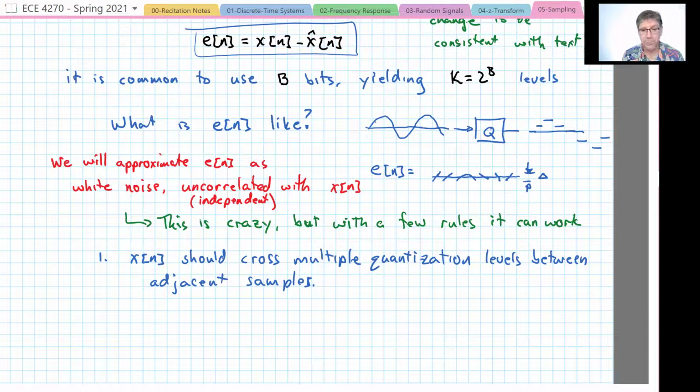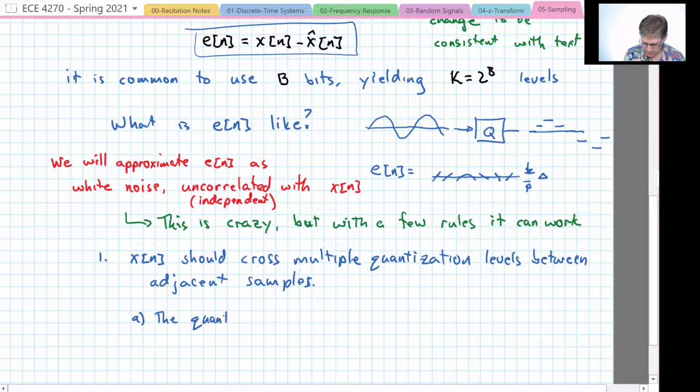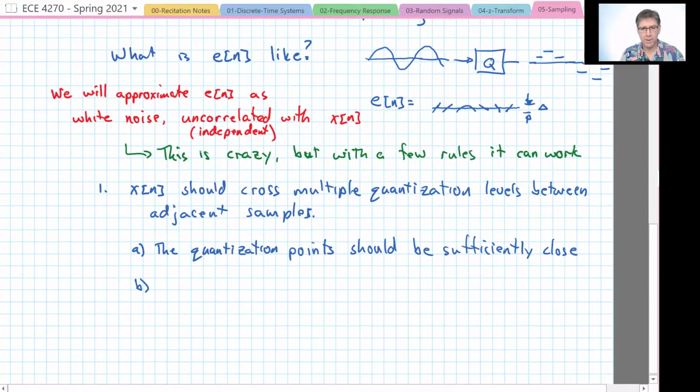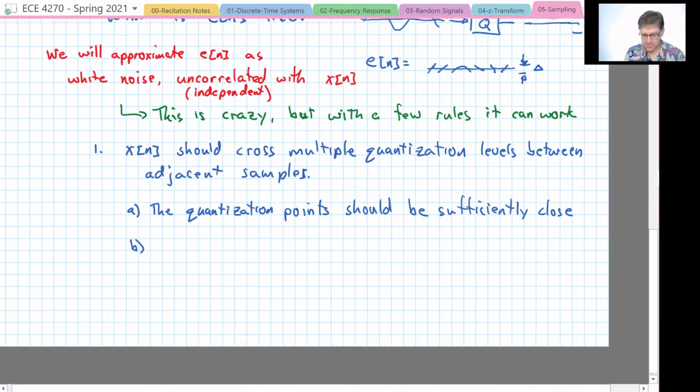Okay, to do this, then we need A, the quantization points sufficiently close, and B, the signals should be varying quickly.